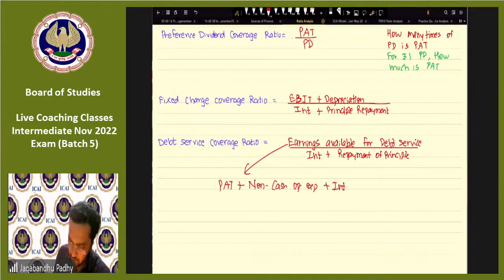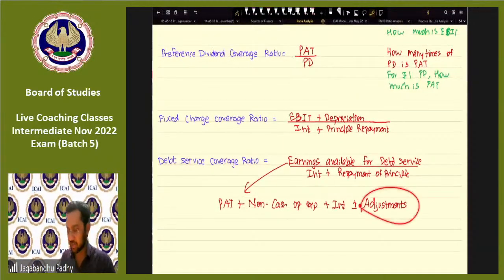And also we add or subtract any sort of adjustments. So PAT plus non-cash operating expenses plus interest plus or minus adjustments. Okay.